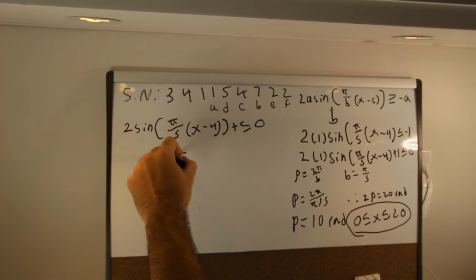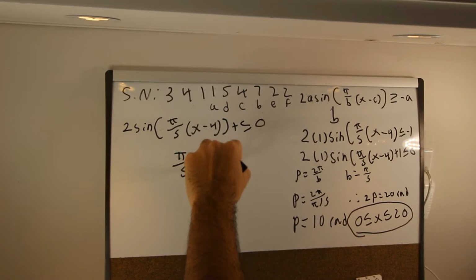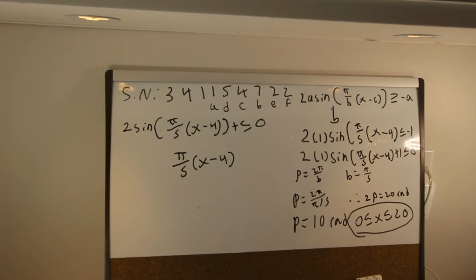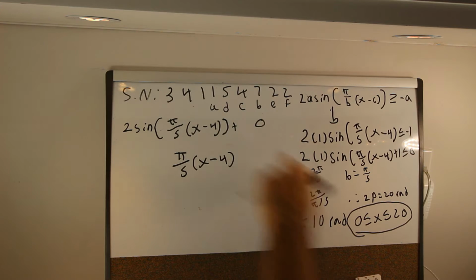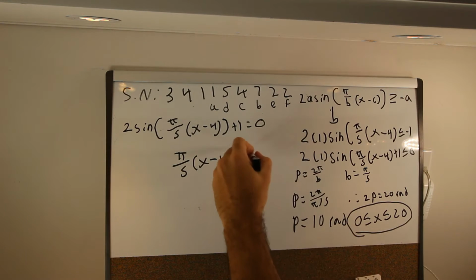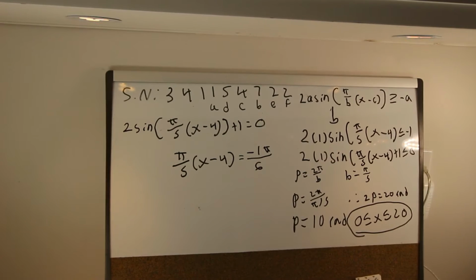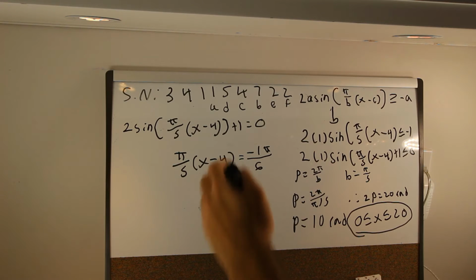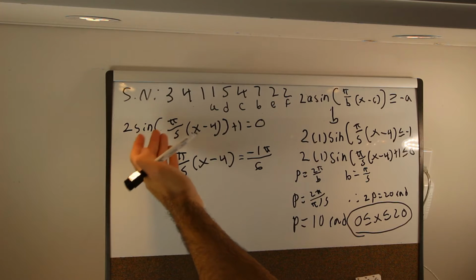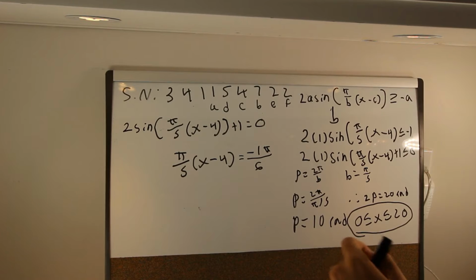So sine of pi over 5 times (x minus 4) is going to be greater than or equal to minus 1 over 2. What does that mean? That means that sine is actually negative, because bringing the 1 over it would be minus 1, and then over 2 it'll be negative 1 over 2.